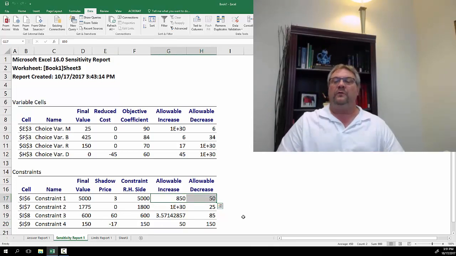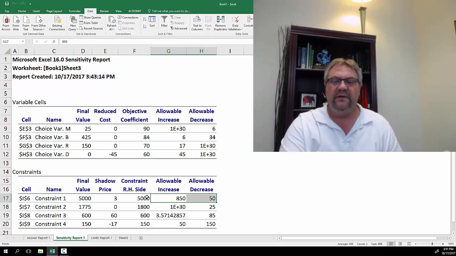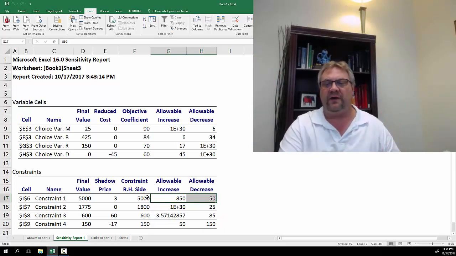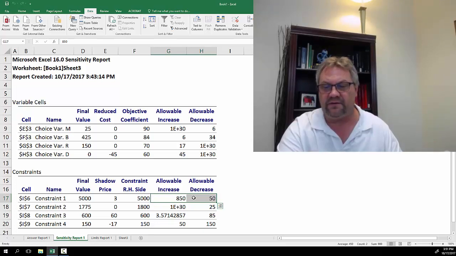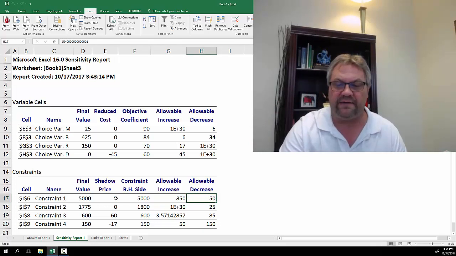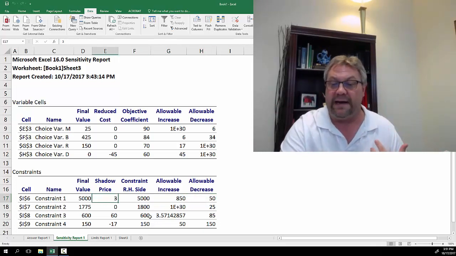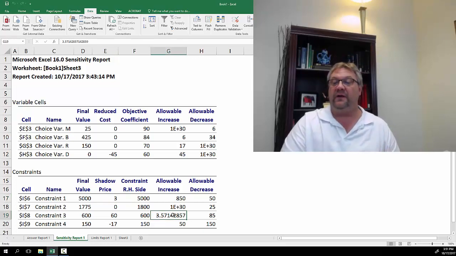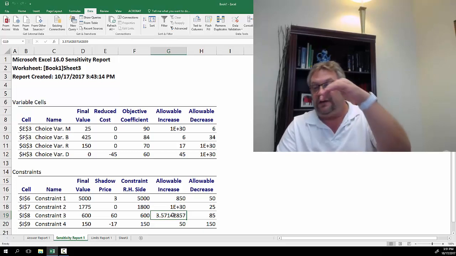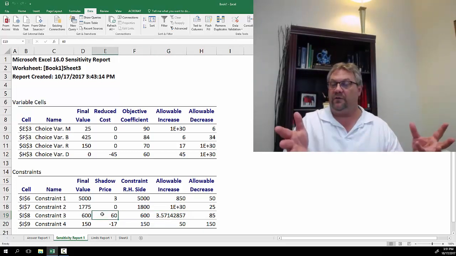So holding everything constant, I can increase the value of constraint 1 by 850 units, or decrease it by 50 units, and this shadow price of 3 will still apply. Right now, for constraint 3, I can only increase it by 3.5 units, decrease it by 85, and my shadow price of 60 is still going to apply.